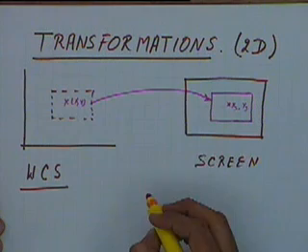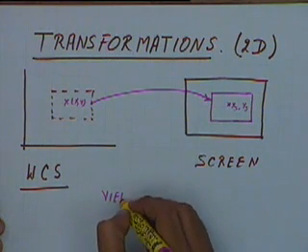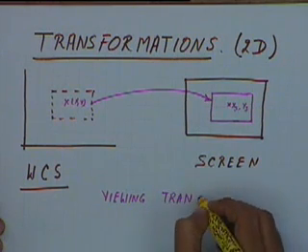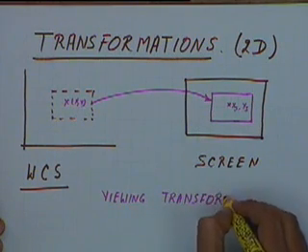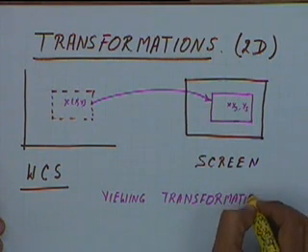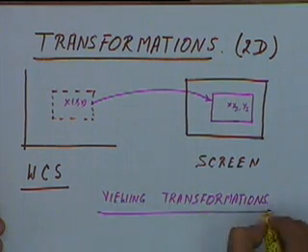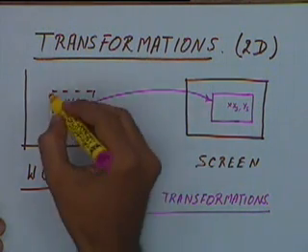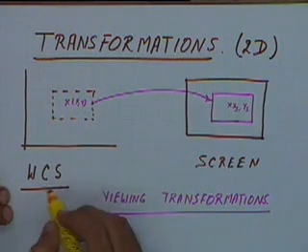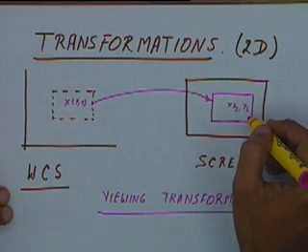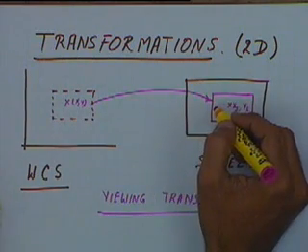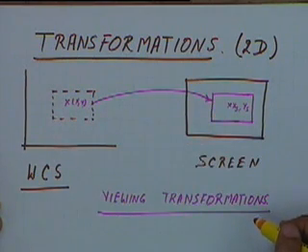Now this is what is referred to as a viewing transformation. In viewing transformation, the point in the world coordinate system is transformed into a point on the viewport in the screen coordinate system, and the transformations involved in that are referred to as viewing transformations.